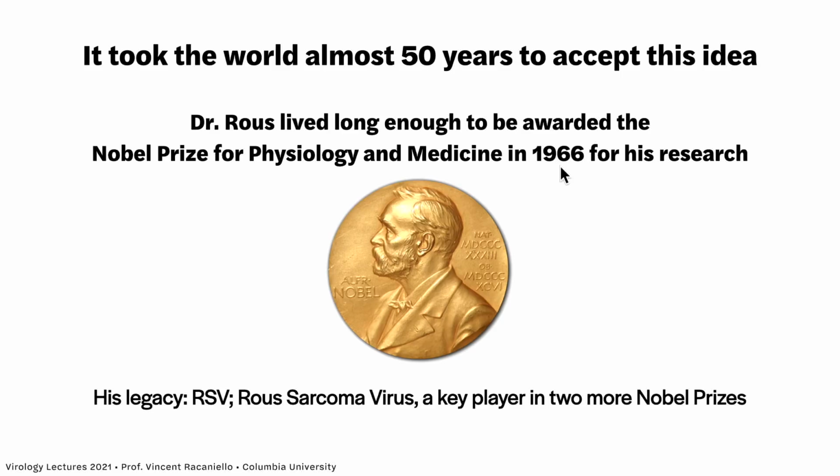He got tired of people not believing him, and he went and did something else. But he came back to it as evidence began to accumulate that he was right. And he saw himself acknowledged as the person who discovered that viruses can cause cancers. There were two other Nobel Prizes actually awarded to people who used his virus, and we'll talk about those today.